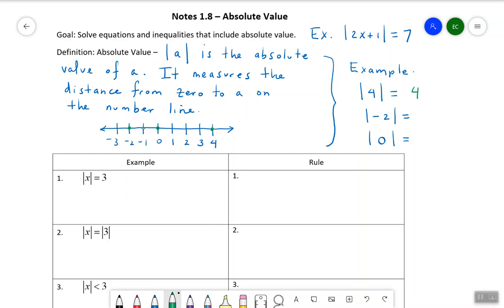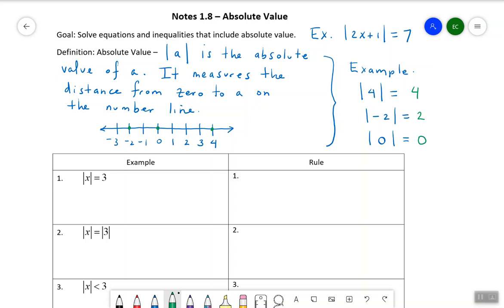We can just count over 1, 2. And so when I take the absolute value of any negative number, all I'm doing is just dropping off the negative. So for this reason, sometimes we say absolute value of a is always positive. And that's mostly true, except if you think of the absolute value of 0, which of course is just 0.